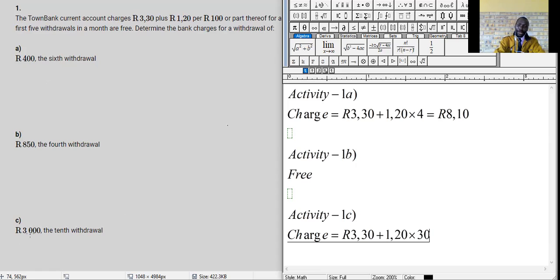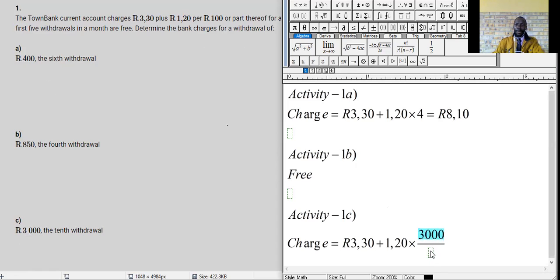Well, how else could you write that? We could write it this way. 3,000, we have to divide it by 100. If we divide it by 100, we will be seeing the number of 100s in 3,000. So when we divide this by 100, we remain with 30. So what will this result into?